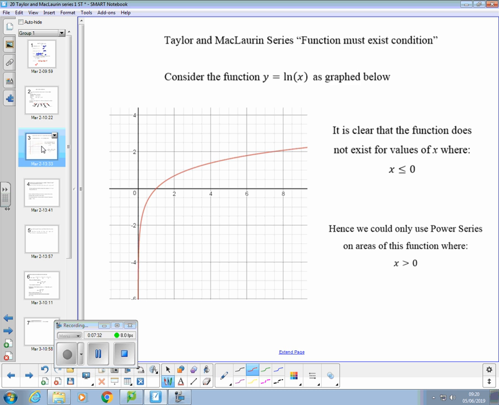For this function, y is the natural log of x, you couldn't do a Maclaurin or Taylor series around x equals 0 because the function doesn't exist there. If you do natural log of 0, you end up with an error on your calculator. The function does not exist.